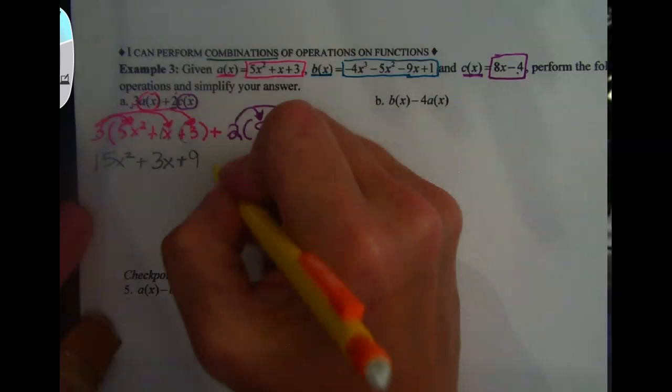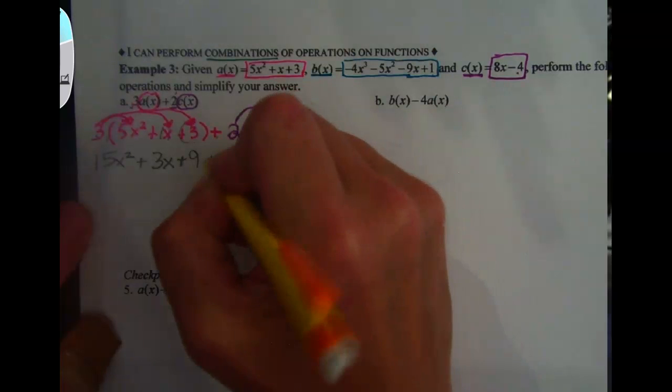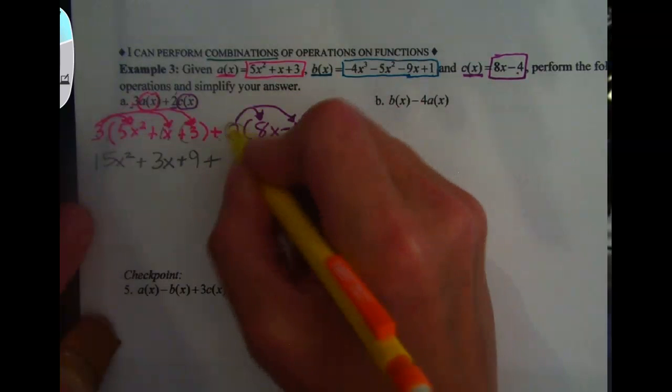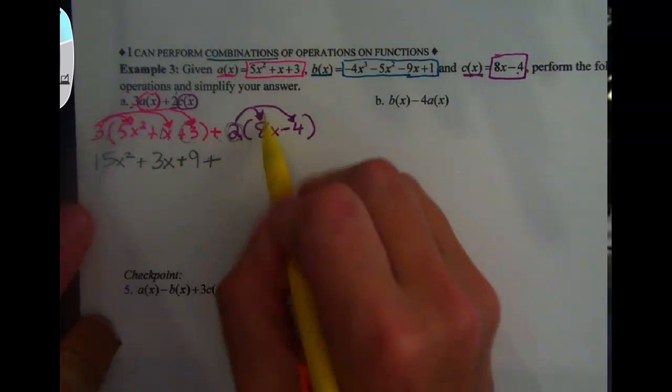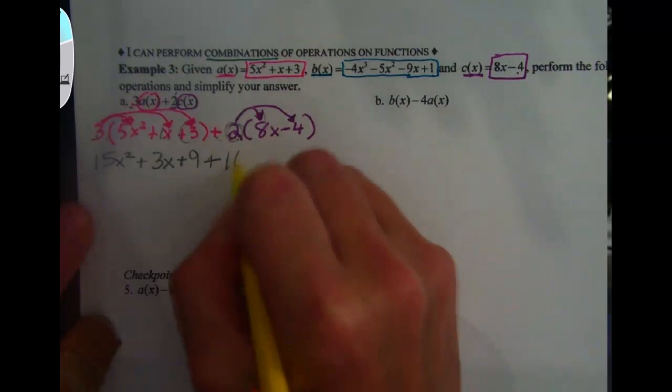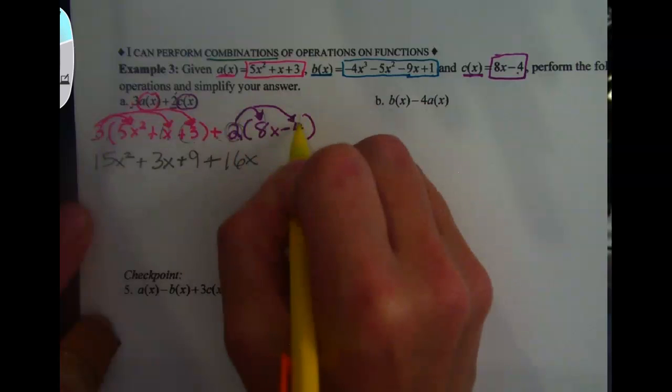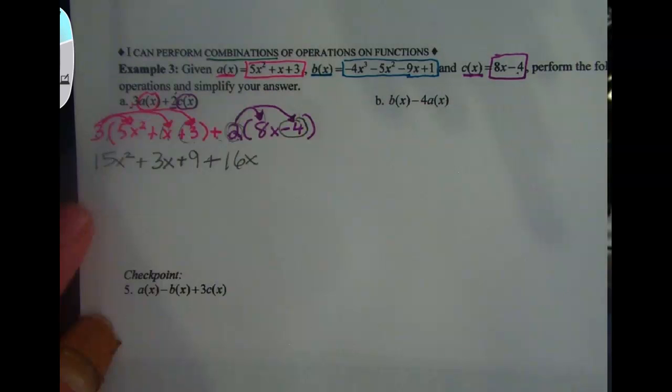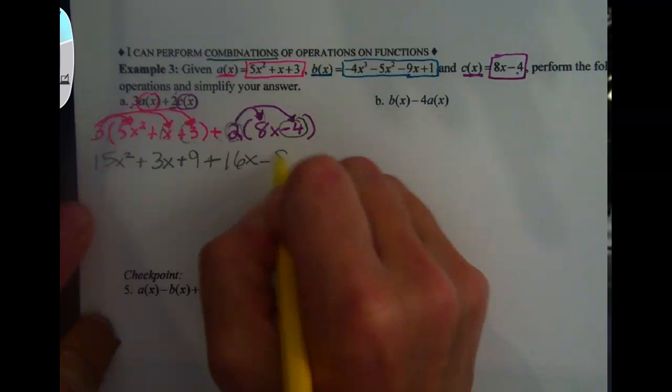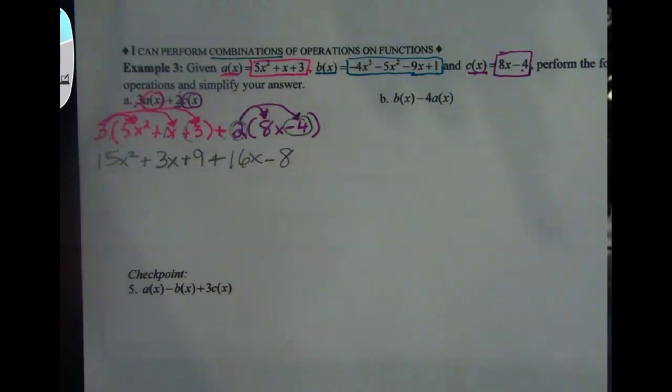I distributed that, so then I'm going to go through. There's a plus sign here. And so this, again, this is a positive 2 then. So when I distribute it, it's 2 times 8, which is 16x. And then 2 times, that's a negative 4. We have to be careful. So that becomes a negative 8. So now everything's distributed. I have all adding and subtracting, so I can combine my like terms now.